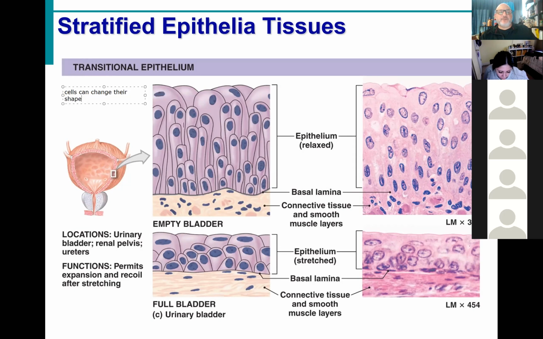Notice in this first picture, the cells are mostly tall columnar cells, where down here, they are more cuboidal. And in fact, this tissue can actually be stretched out until it is a single layer of flat cells. So that's where it gets its name, transitional, because it can change its shape.